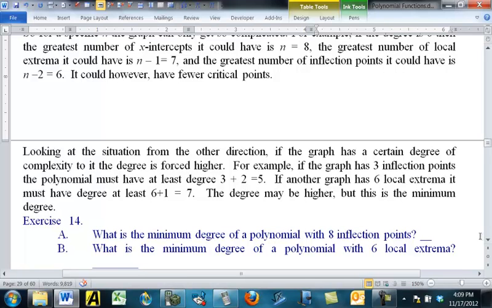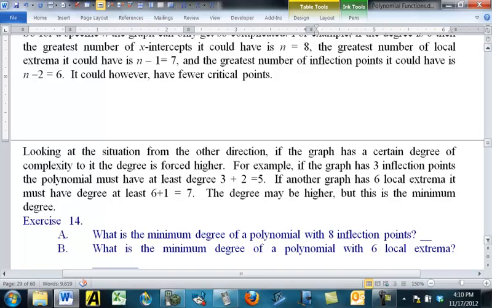It might have a degree a lot higher than 5, but it's got to have a degree at least 5, because you can't do 3 inflection points with anything with a smaller degree than 5. So let's take another graph, say it has 6 local extrema. Well, it must have degree at least 1 more than that, 7. So if it's got 6 local extrema, it has to be at least degree 7. Could be higher, but it can't be less than that.